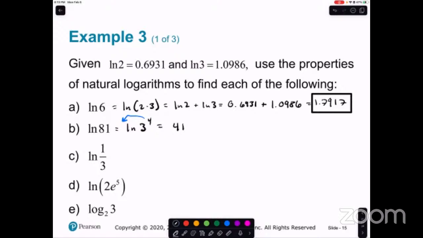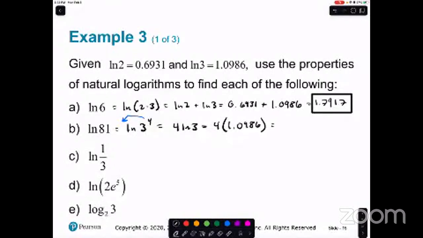So it's going to be 4 times 1.0986. I'm guessing this is it.